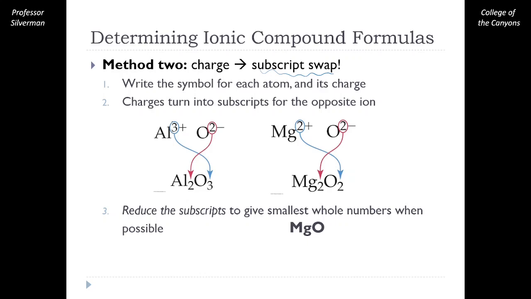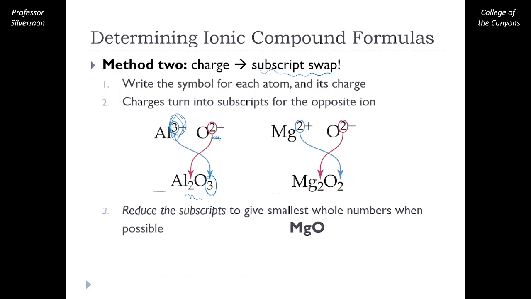You take the charge that you have for your positive ion and turn that into the subscript for your negative ion. Likewise, you take the charge that you have for the negative ion and make that the subscript for your positive ion. This is a nice little math trick that allows you to get a neutral compound.